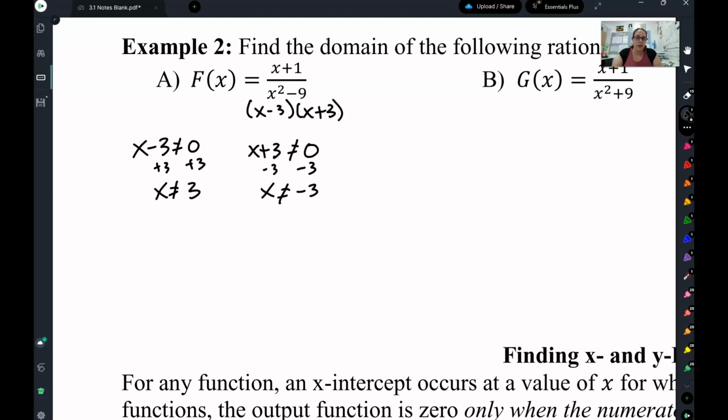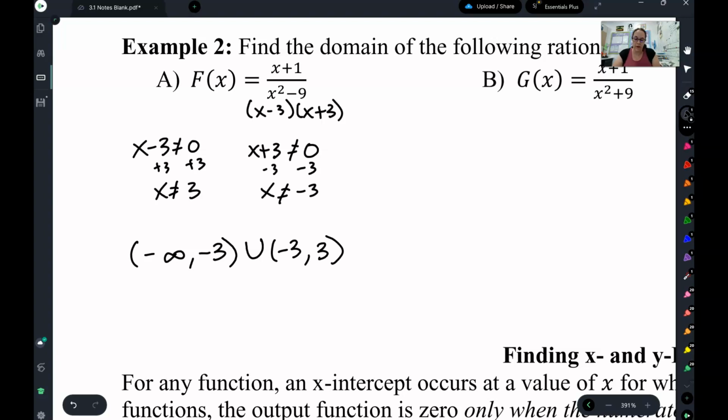And if you remember clear back from chapter 1, we wrote that as negative infinity up to negative 3 with a parenthesis, meaning I'm not going to include it, union from negative 3 to positive 3, so everything between negative 3 and 3 works. Don't include 3, so we're going to do a parenthesis, and then union 3 to infinity.